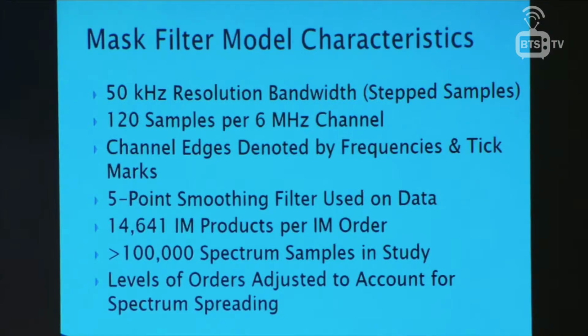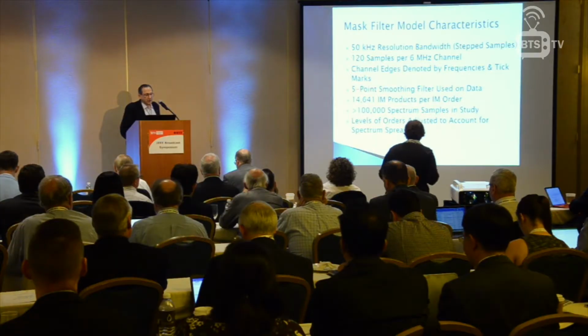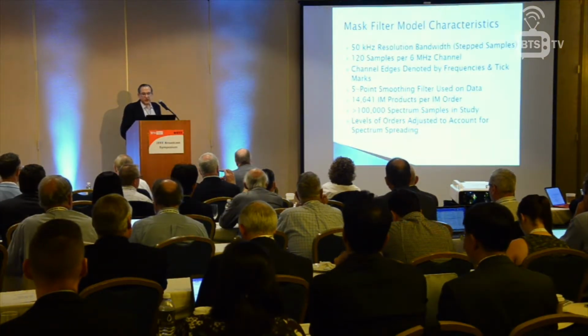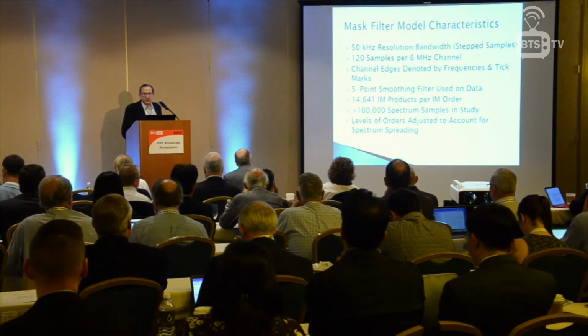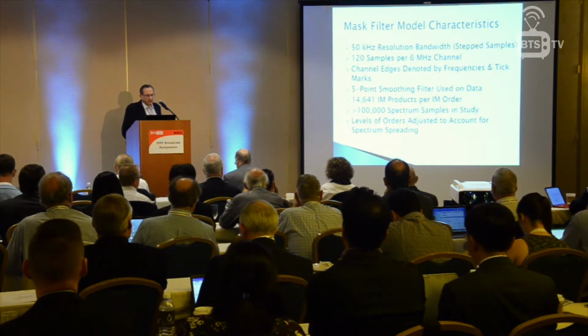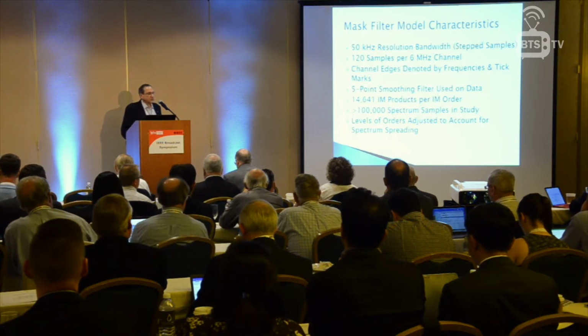One of the things that I did to try and understand what was going on in Sutro Tower is to build a model. And I'm going to show you a bit about that model. The model is essentially a representation of the spectrum many times over. And that representation looks at 120 samples of the spectrum per 6 megahertz channel.